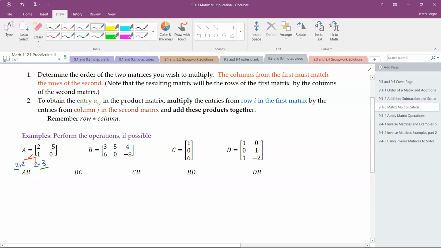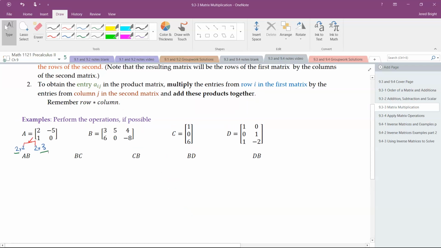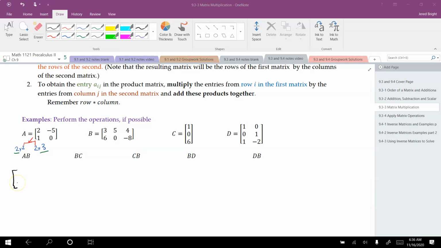All right, so now we're going to get started. To obtain a certain entry, let's start with finding the entry in the upper left.